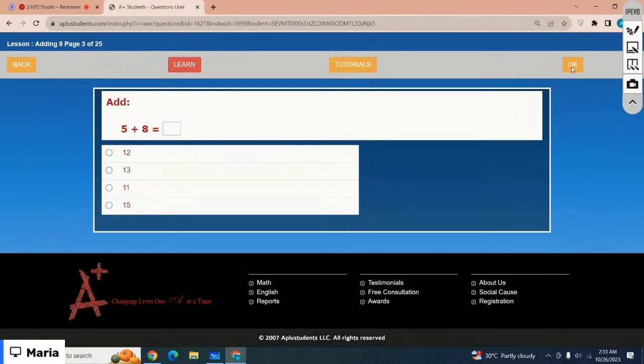Okay, the next one is 8 plus 5. So which is the correct option? Very good. 8 plus 5 makes 13, right?